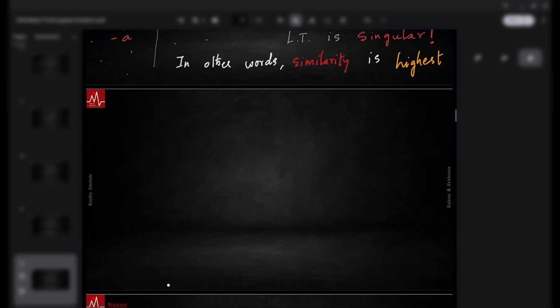Now, basic properties, important properties again.